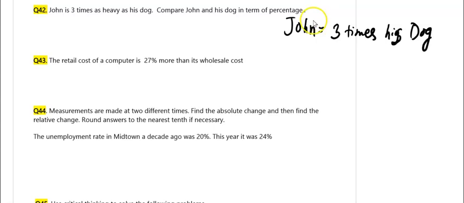In other words, John's weight is 3 times larger than his dog's. 3 times is the same as 300% of his dog.